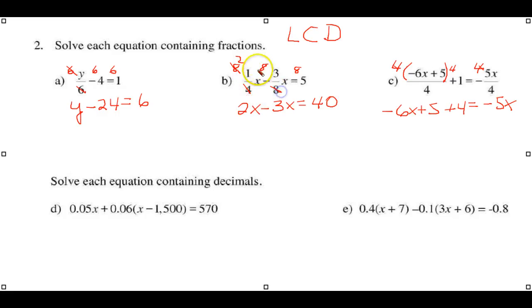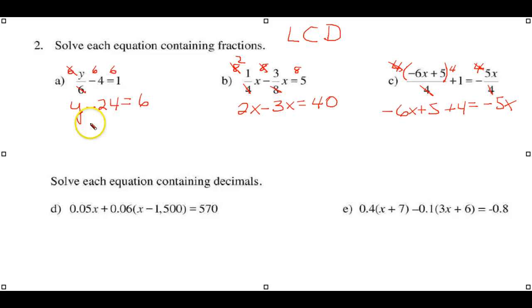Here the 8's cancel out completely, and we're just left with 3x, and then this is 40. Now here the 4 canceled out completely, so we're just left with what is on top of the division bar. This is 4x. Here the 4's cancel out completely, and we just get a negative 5x. So much easier to deal with when there are no fractions.